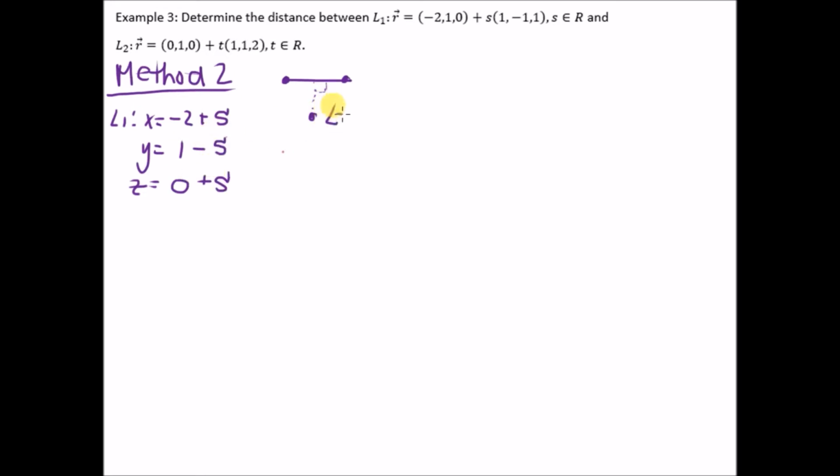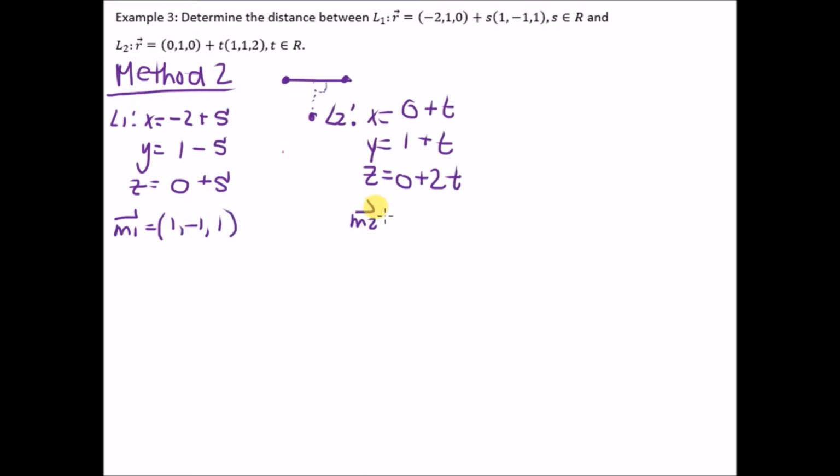And let's write out line 2 in the same way. Parametric equations, I feel we can always do a lot more with them. And just a note, direction vector 1 is 1, -1, 1, and direction vector 2 is 1, 1, 2.